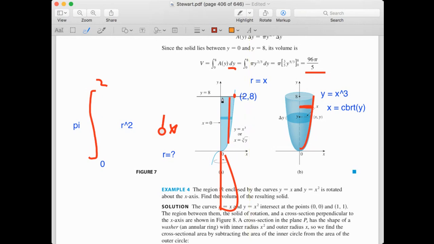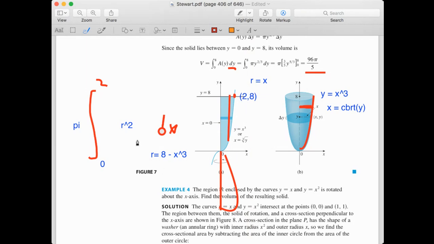So we see r is bounded by the value a, up to a. What about the lower part? The lower part depends on the function y equals x cubed. So we do a minus x cubed. So r equals a minus x cubed.